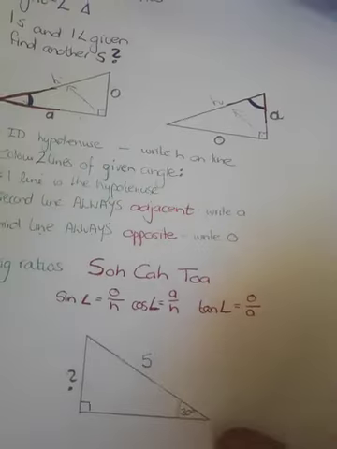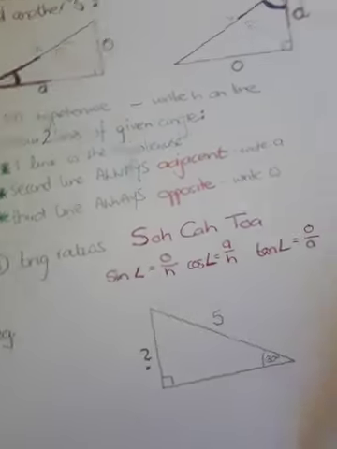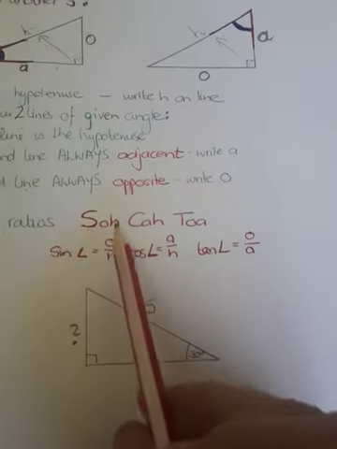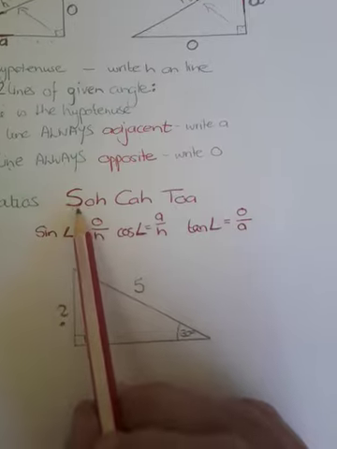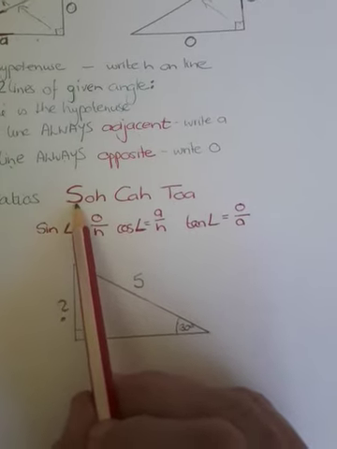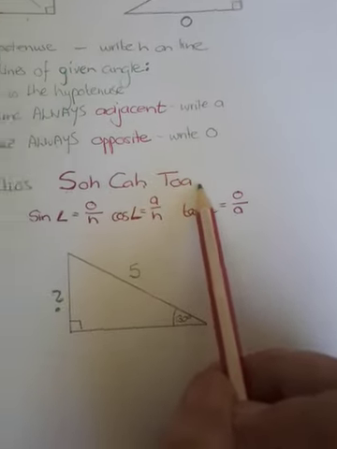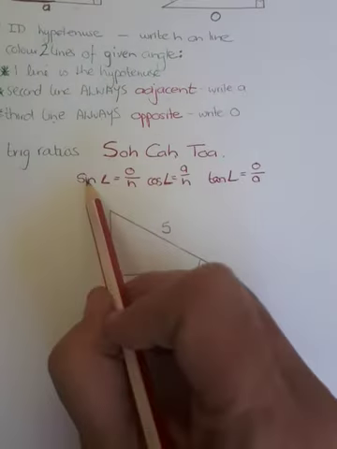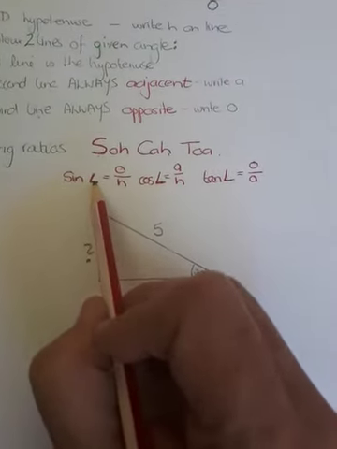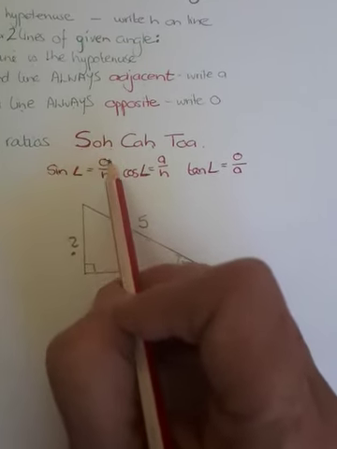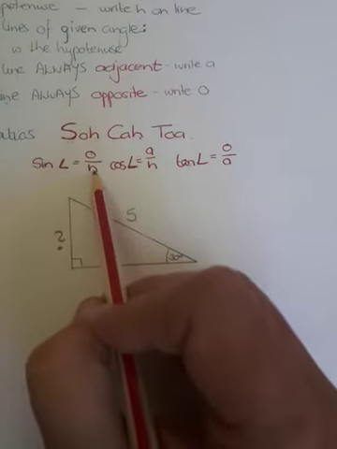Okay, now when you've got your identification, you go to your trigonometric ratios. And I want you to learn this abbreviation, which we say is SOH CAH TOA. This stands for: the sin of a specific angle is the opposite side divided by the hypotenuse.